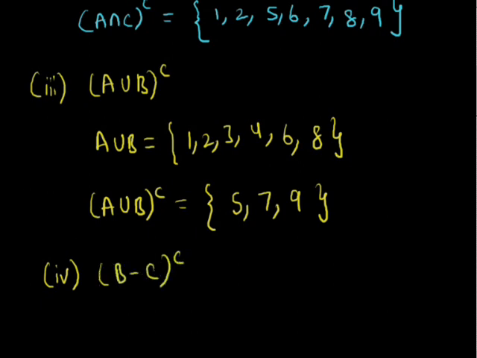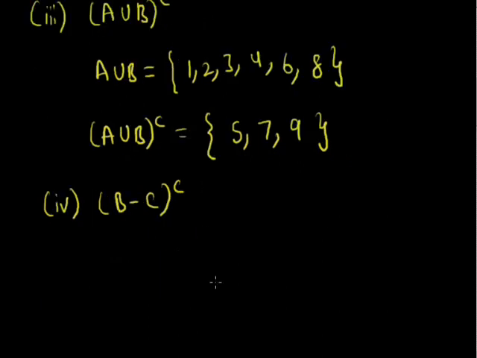So if we need to find out B minus C complement, first we'll find out B minus C. As we know, B minus C means the elements which are there in both B and C, we need to remove those elements from set B to get the elements of B minus C. So first we'll see what are the elements which are common in both B and C. So first we'll find out B intersection C. B intersection C will contain the elements which are there in both B and C, and those elements are 4 and 6.